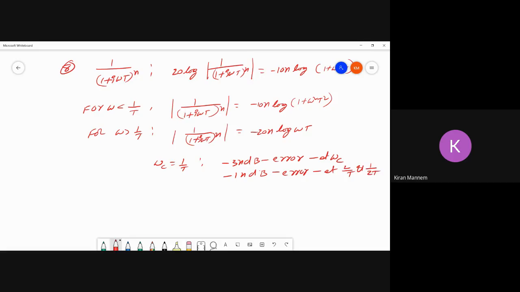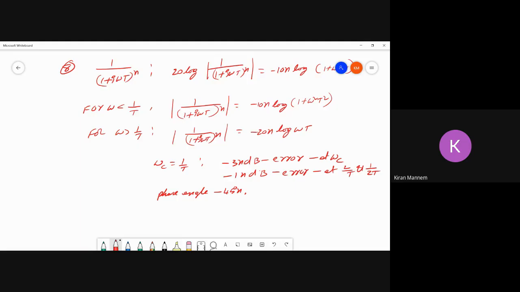So what's the phase angle? The phase angle would be minus 45 degrees into n. So instead of minus 45 degrees, you just multiply with n. So that's about the basic factor 1 by (1 plus j omega t) whole to the power of n.